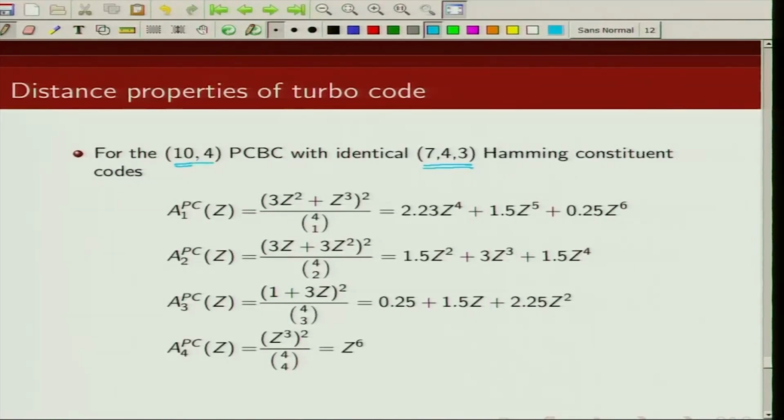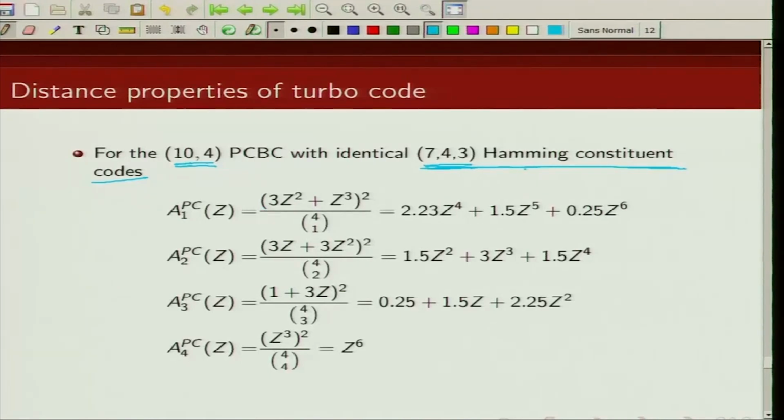So what we get is a 10-4 parallel concatenated block code, using identical constituent encoders, which are the 7-4 Hamming code.